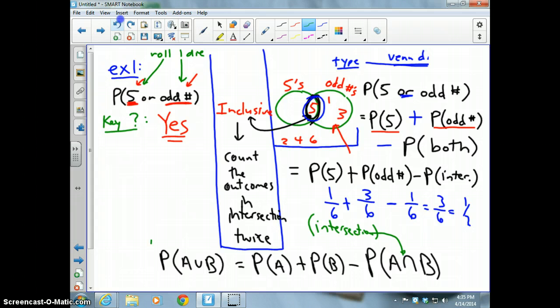And that in green is the formula for inclusive events.